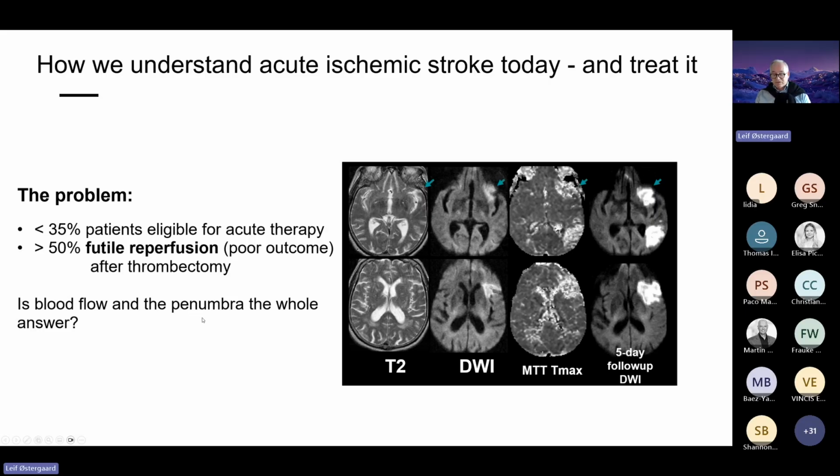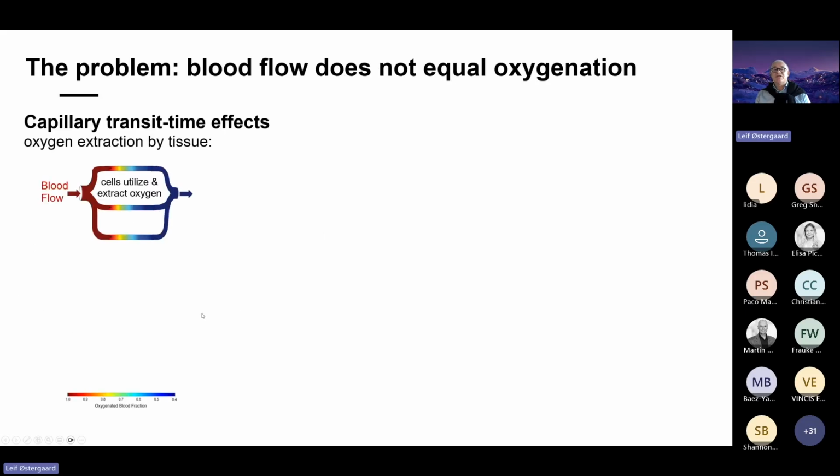The one that I will explain to you today is that blood flow is not equal or equivalent to tissue oxygenation. That is the whole premise of why originally we've been using low blood flow as a biomarker of poor oxygenation. And the reason for that lies in how capillaries function.